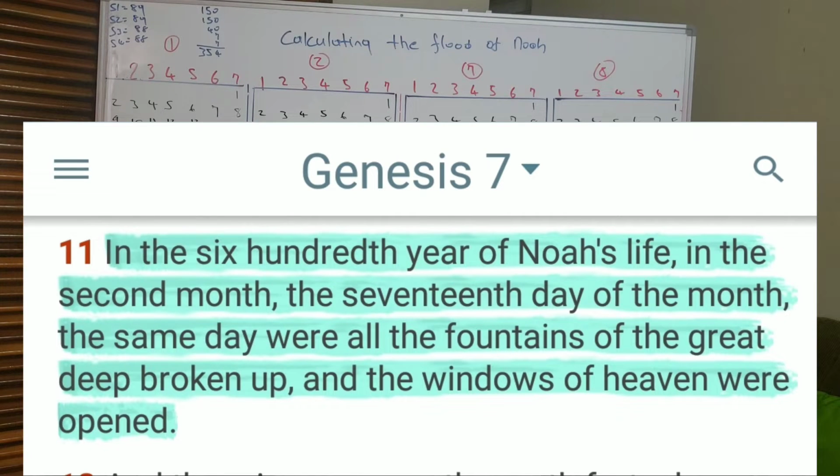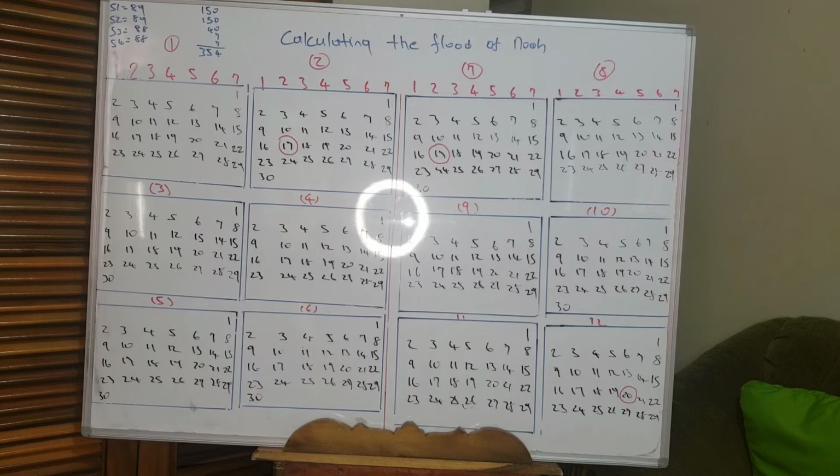Now, moving down to verse 11, it says, in the 600th year of Noah's life, just as I explained before, in the second month, the 17th day of the month, the same day were all the fountains of the great deep broken up and the windows of heaven were opened. So we're dealing with the 17th day of the second month, right? For solar lunar calendars, we understand that the second moon, the 17th day.